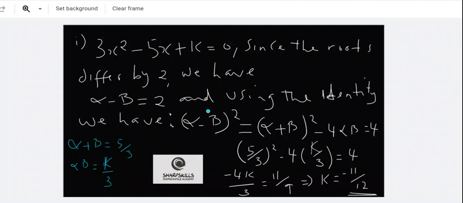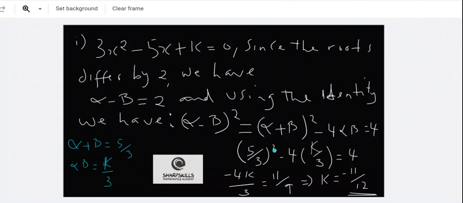Now for alpha minus beta squared, you are going to use its identity. What is it? It is the same as alpha plus beta squared minus 4 alpha beta, which will be equal to 4. Since you already have the sum for the quadratic equation you're given, you're simply going to replace alpha plus beta with the sum for this equation, which is 5 over 3.